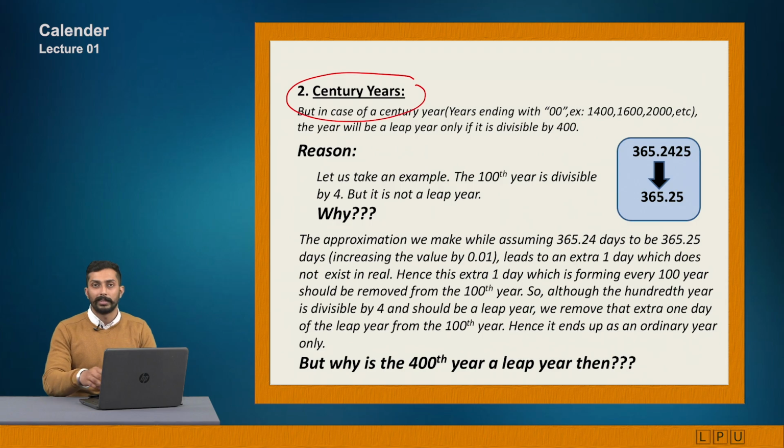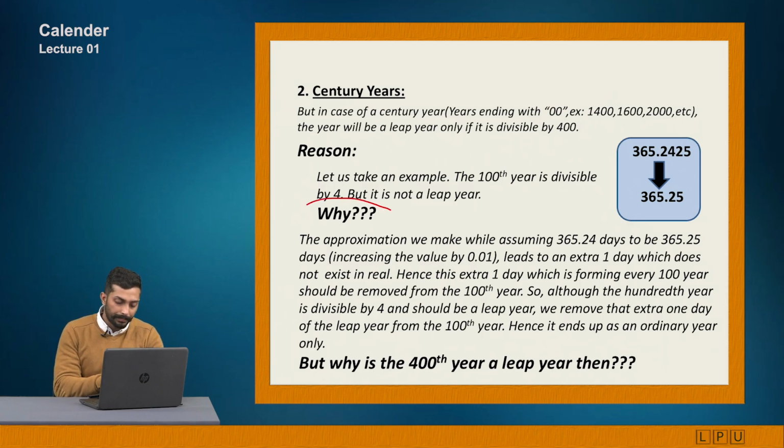Now what about century years? We were talking about the ordinary years, now century years. A century year ending with 00 will be taken as a leap year only if it is divisible by 400. Why? The reason is the approximation we have taken here: 365.24 does not include the 0.001 value.